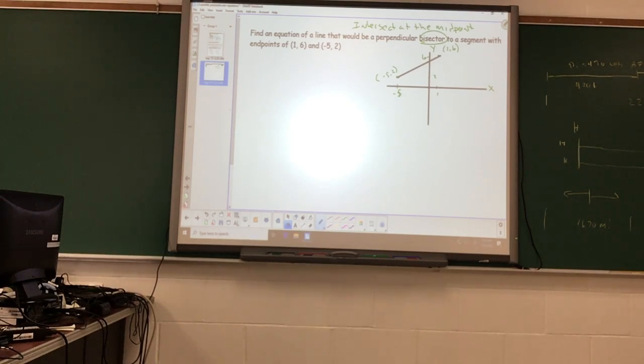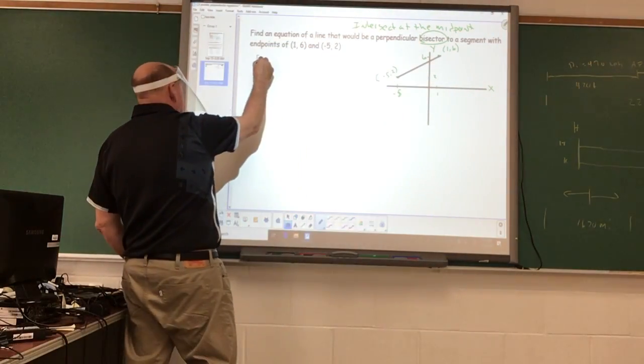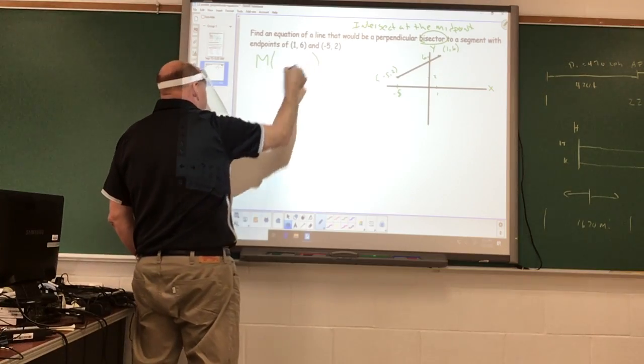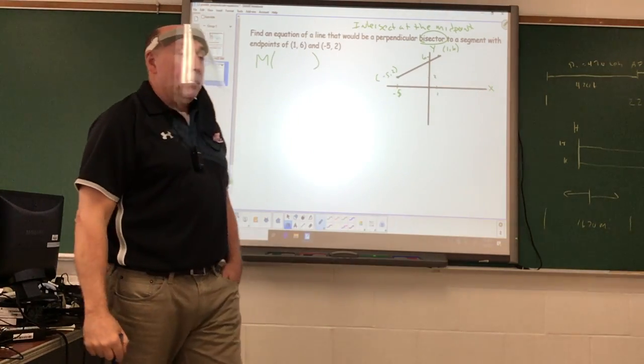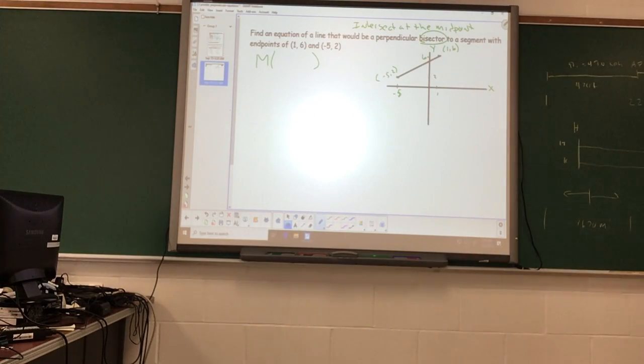So what we're gonna need to know is what is the midpoint. So this goes back to first section. What's going to be the midpoint? How do we find the midpoint? You have two endpoints of a segment.